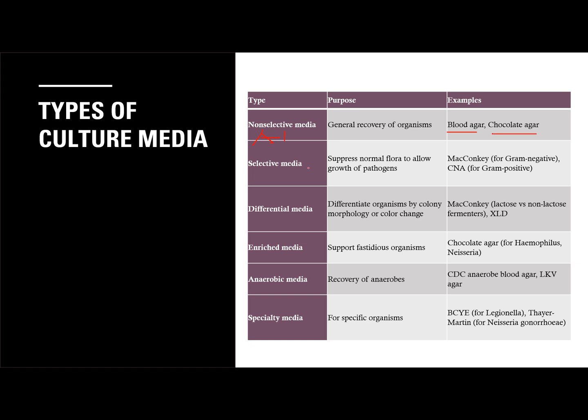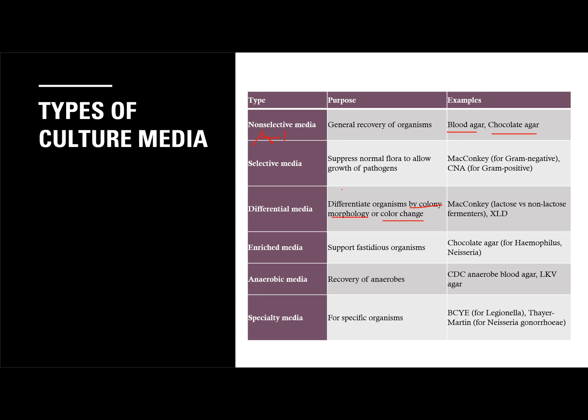For selective media naman, class, it would suppress normal flora to allow growth of pathogens. So specific siya, class, or it would grow only select organisms such as your MacConkey for gram negative and CNA for gram positive. Then we have your differential media used to differentiate organism by colony morphology or color change.